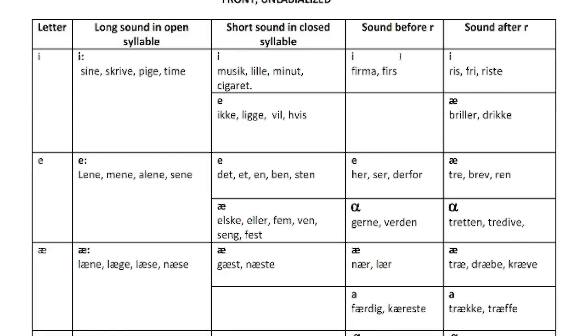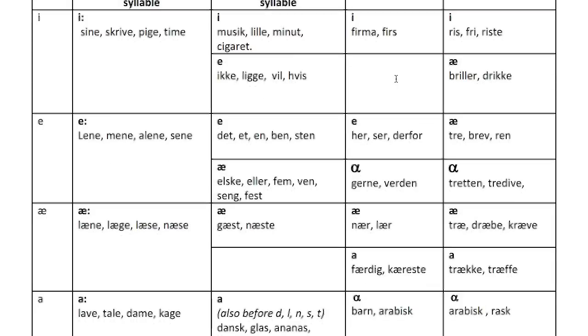If it is after R, it will be either the same, ris, fre, riste, or it can sink down and it will be actually the third one. So this one will be missed and the step will be just like a two-step. For example, brille, drikke.